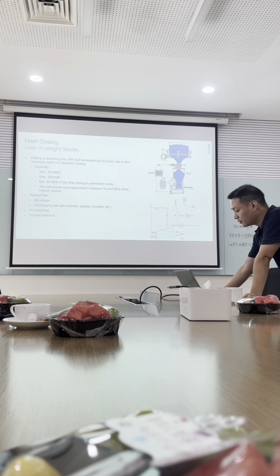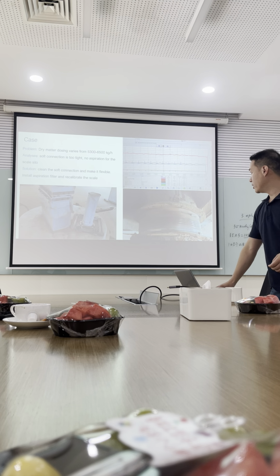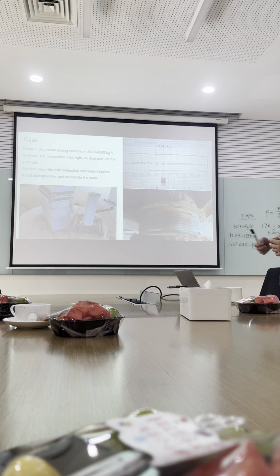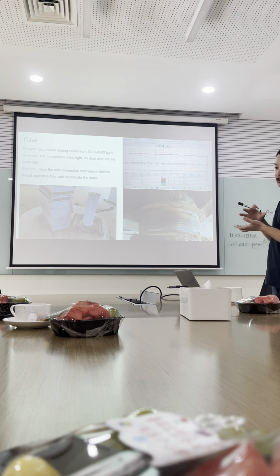And also, for the dosing feeder, I think this is a very common issue, and we have encountered it in many places. This one is the connections, because we have the soft connections between the screw feeder, right? If this is too tight, that means your scale can't perform well. And also the filter, because when we do the refilling, it brings a lot of air into the hopper, and we need to vent the extra air.